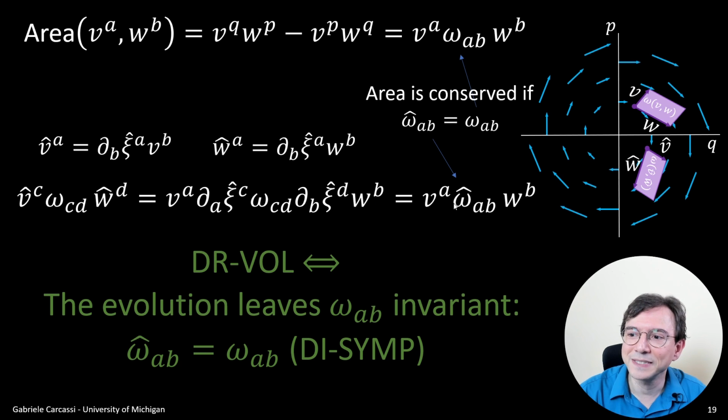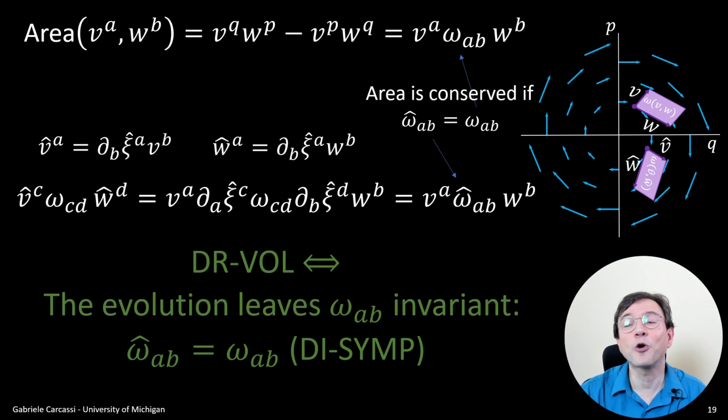And now what happens is that this matrix is basically going to tell you the area of the transported vectors, right? So this is the future area if you started with V and W. This is the initial area given V and W, and this is the future area given V and W. But if areas are conserved, if volumes are conserved, then these two values have to be the same, and therefore these matrices here have to be the same.